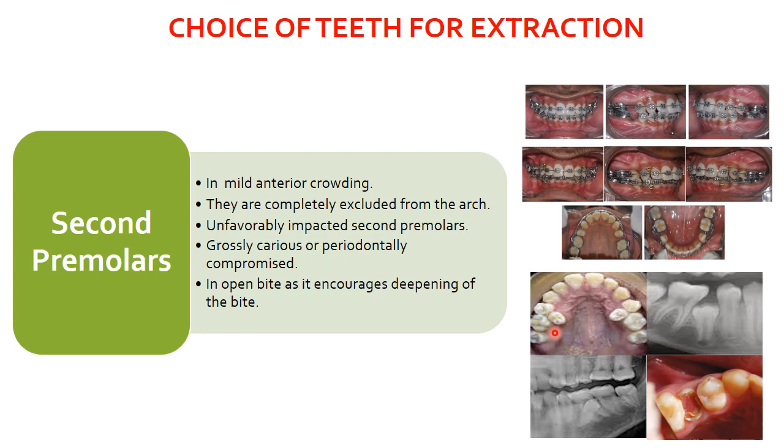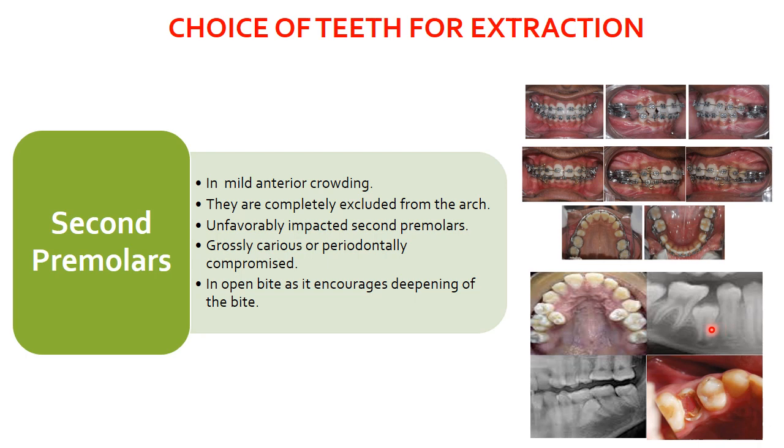Thirdly, when we have a premature loss of the deciduous second molar, that may cause mesial migration of the first permanent molar, leaving inadequate space for the second premolar to erupt, just like in this picture. In such cases, the second premolar may erupt completely out of the dental arch and will be indicated for extraction.